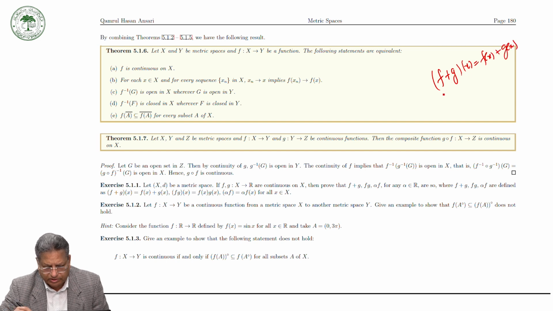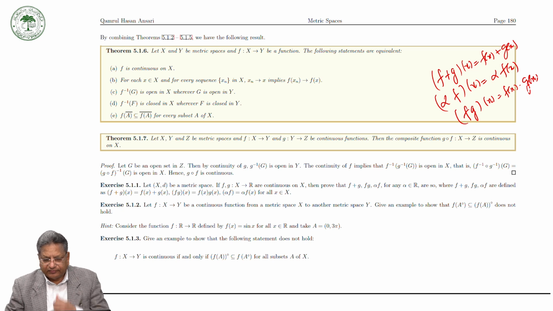The scalar product can be defined as alpha times f of x, and the product of two functions can be defined as f of x times g of x.